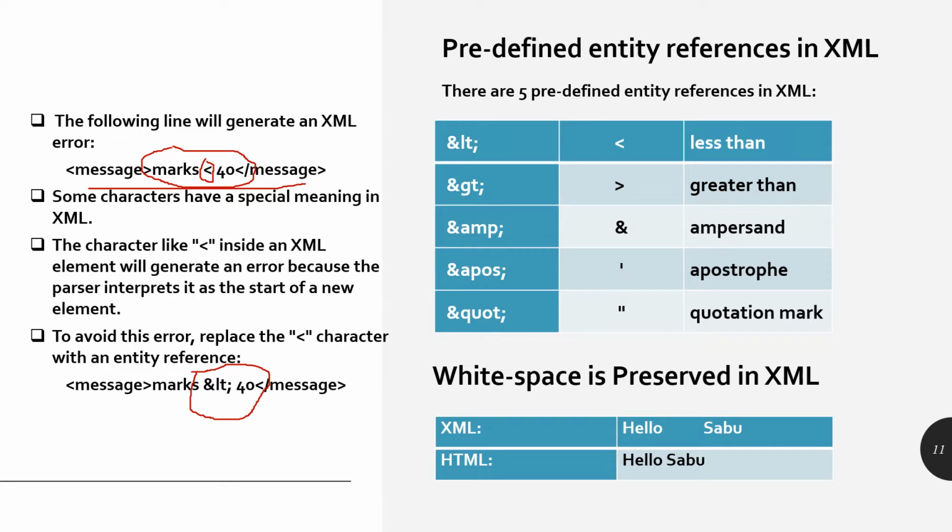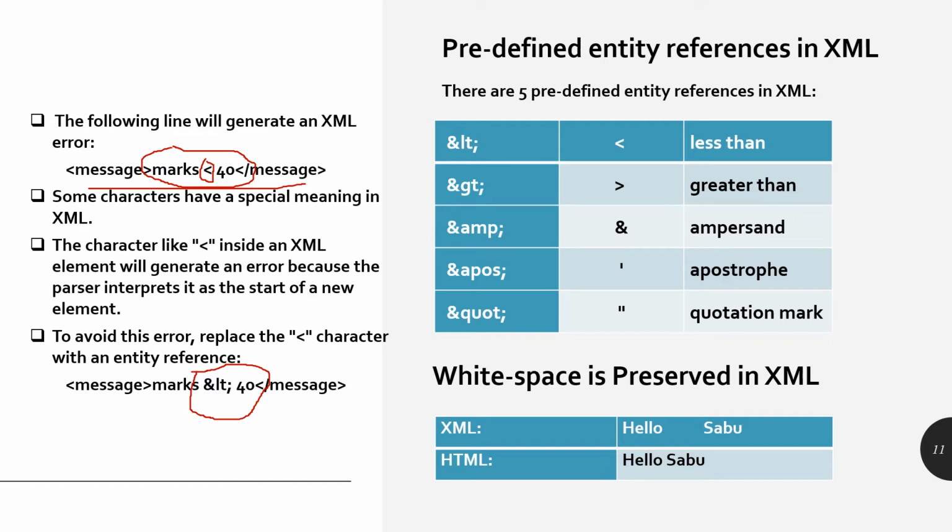This type of error we can rectify by including predefined entity references in XML. These are the entities for less than, greater than, ampersand, apostrophe, quotation mark, and all. This is about predefined entity references in XML.